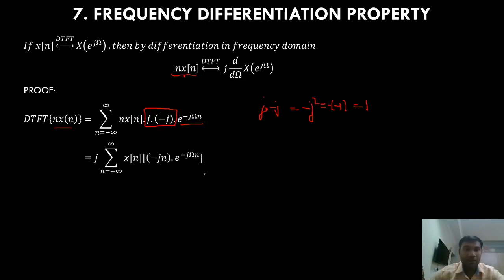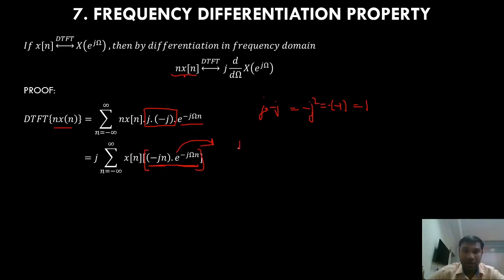Then I take j outside, and now I have summation from minus infinity to plus infinity of x of n into minus j n into e power minus j omega n. This whole part I am considering as one single term. How can I write this term?